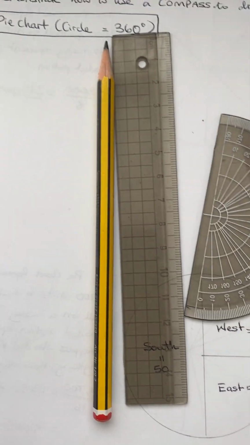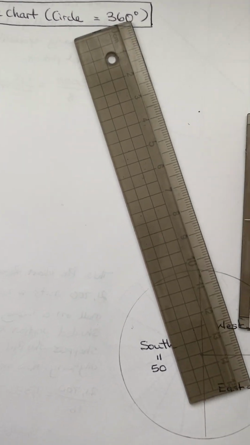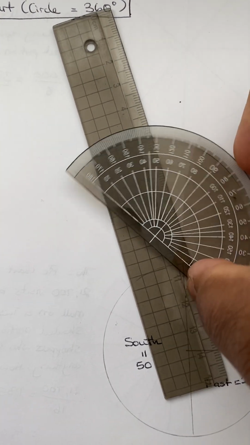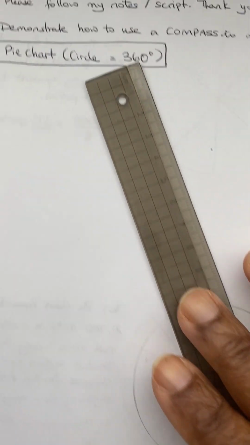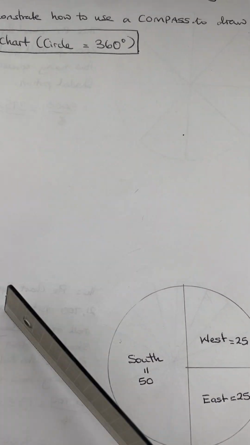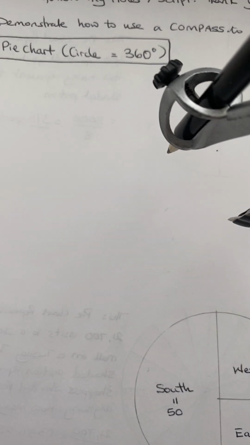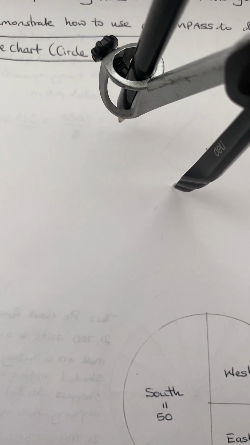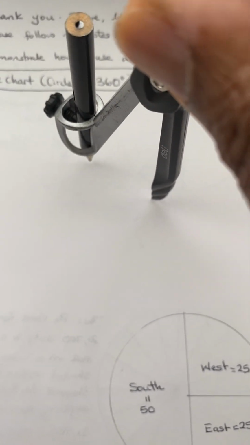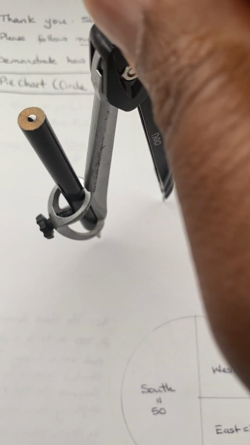I'm quickly going to demonstrate to you how you can draw the circle, assuming you are being asked to do that. It is not difficult if you set everything up. You try and keep that steady. I hope my paper doesn't move.